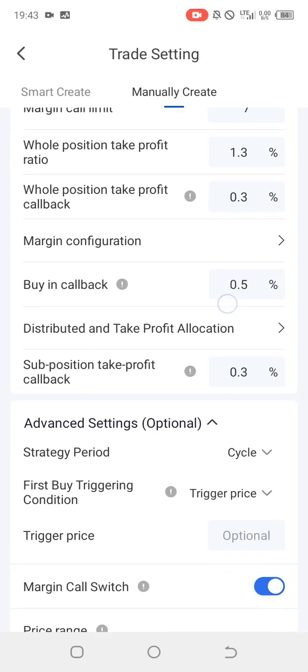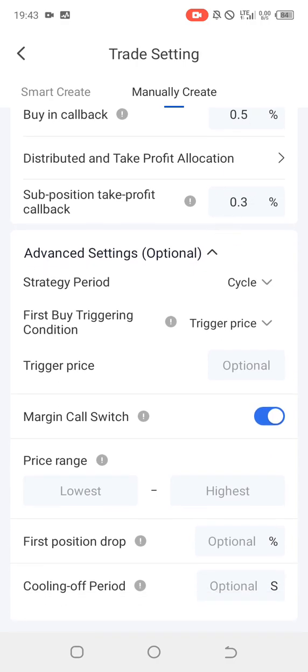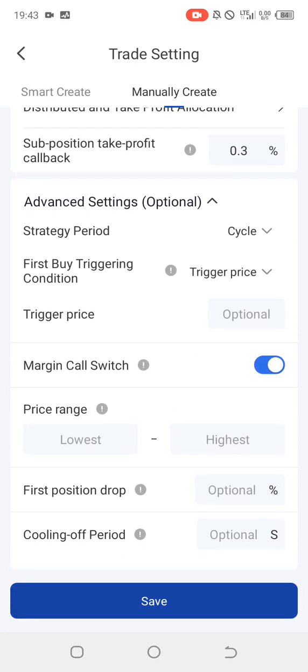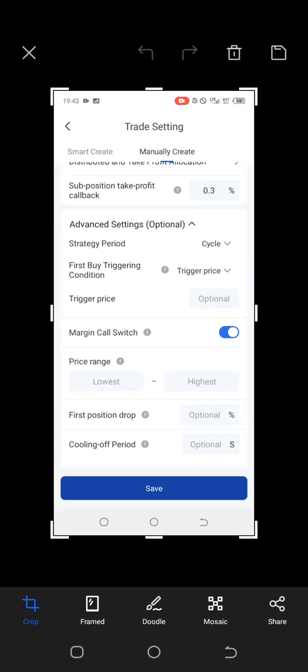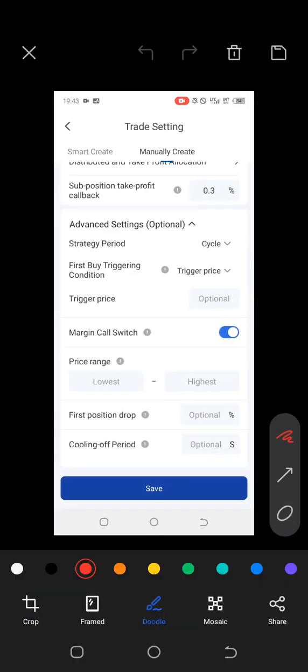So when you tap on the advanced features, it brings more and more features and add-ons. So when your trade is a cycle trade, you get additional features because of how cycle trade goes. So you get the cooling off period, the first position drop, you get the price range.